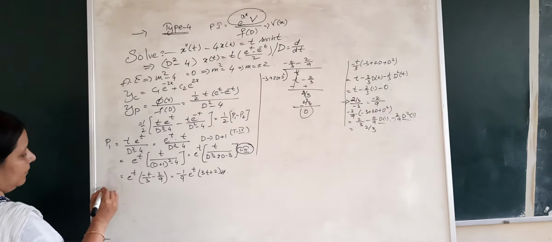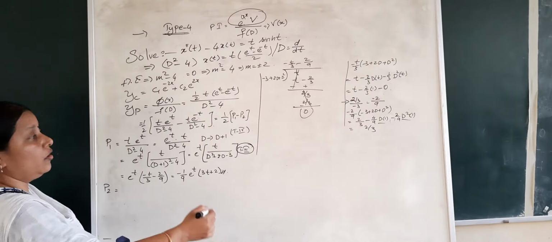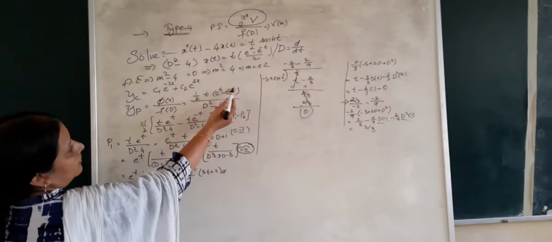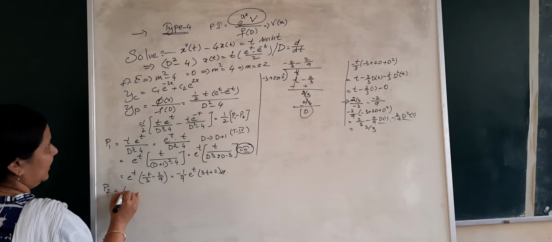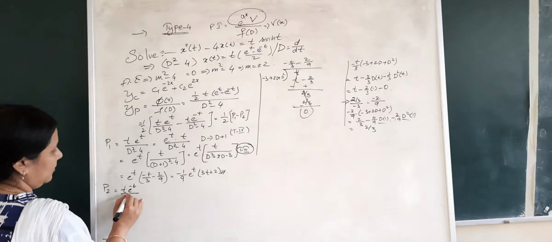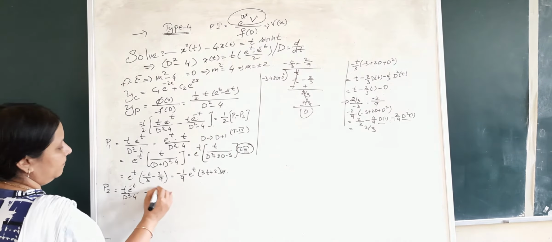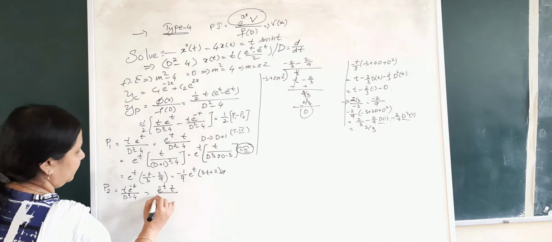Coming to p2, similar pattern, we have to do long division again, understood? So this is t e to the power minus t divided by d square minus 4. In the first step, we apply type 4.